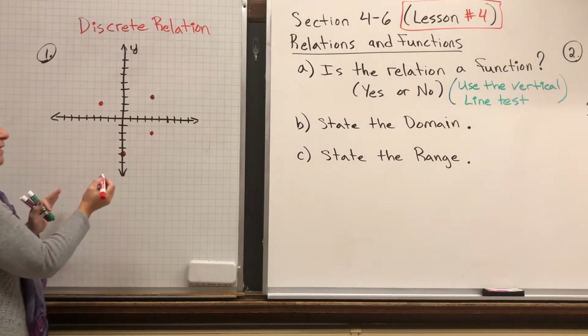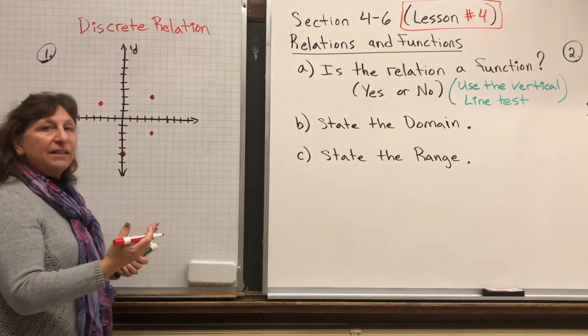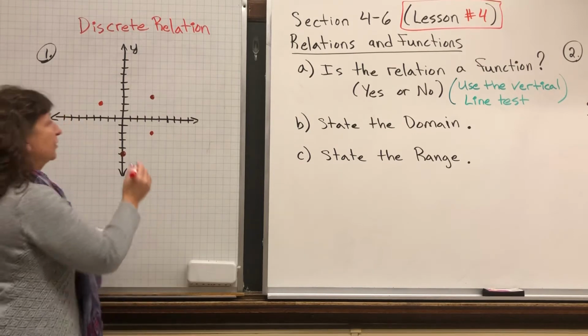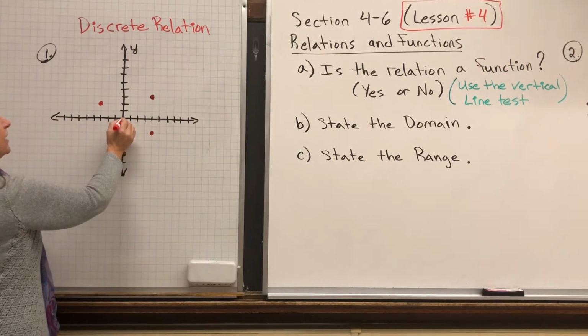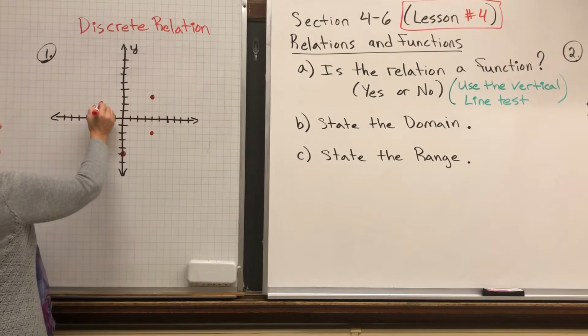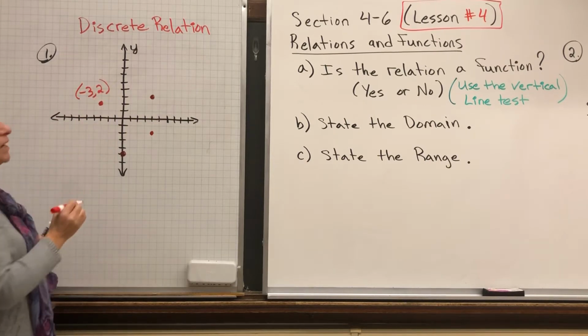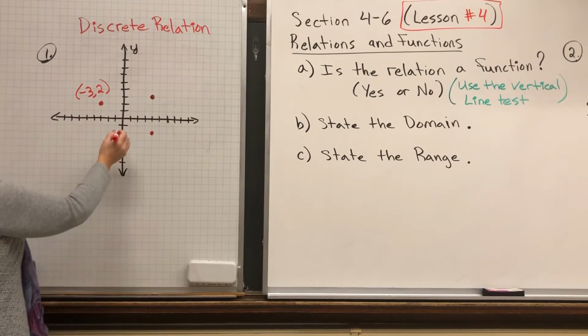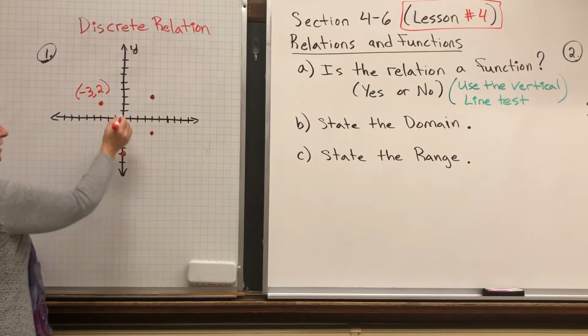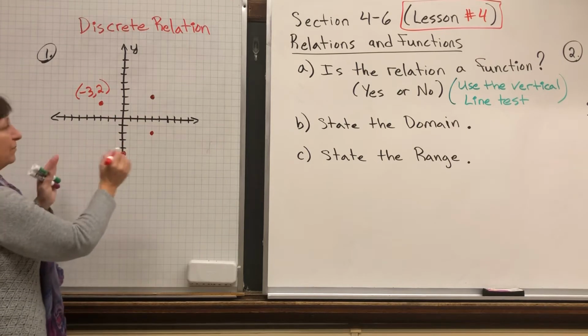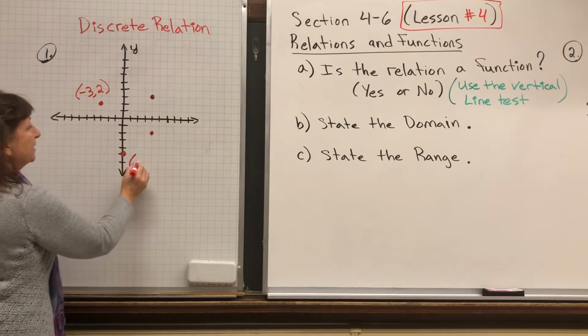Our ordered pair is going to indicate our movement from the origin. So I start at 0, 0, and I'm going to go left 3 and up 2. So the ordered pair would be -3, +2. The second point I have here, I start at the origin. I do not move right or left, so that would be 0.